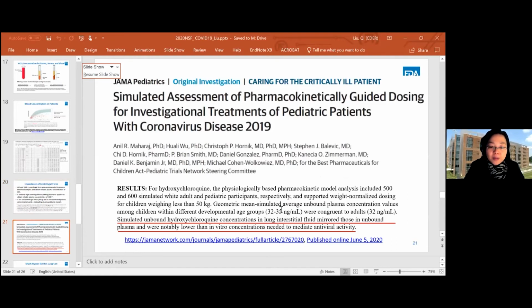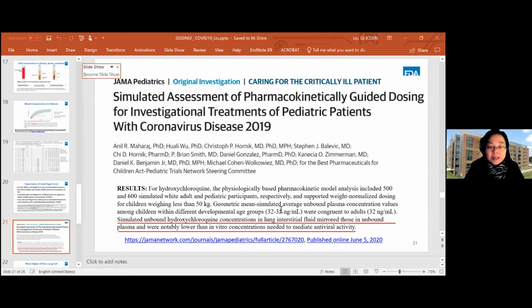Despite all the problems we just discussed so far, some researchers got this right. Here's a paper by a group of scientists from Duke University. They were trying to figure out a safe and effective dose for hydroxychloroquine in the pediatric population.